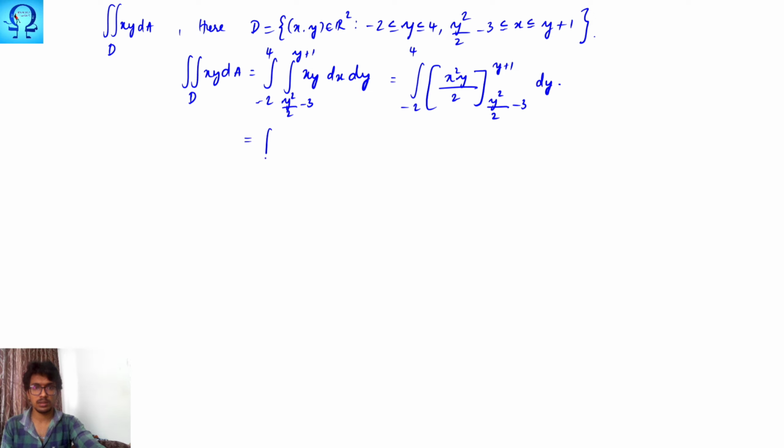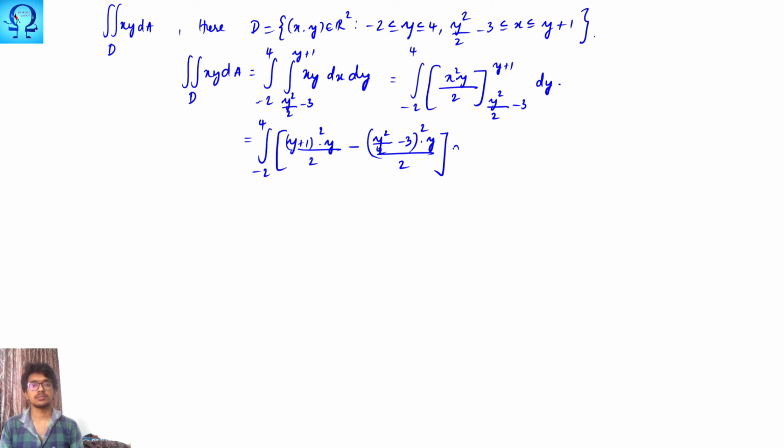So it is integral -2 to 4. When you give x as y plus 1 squared multiplied with y upon 2, minus y square upon 2 minus 3 whole square multiplied with y upon 2, dy.